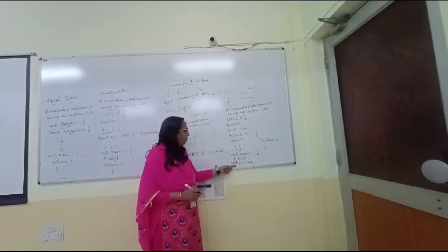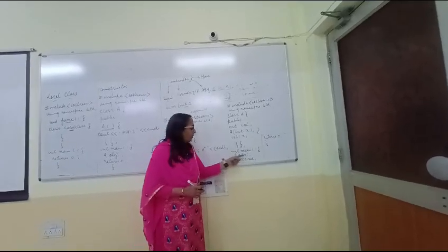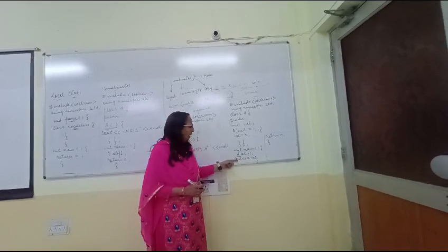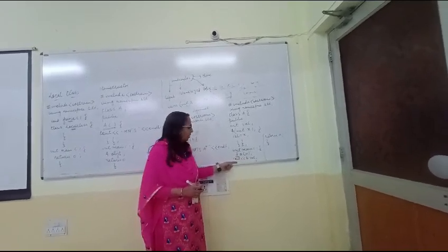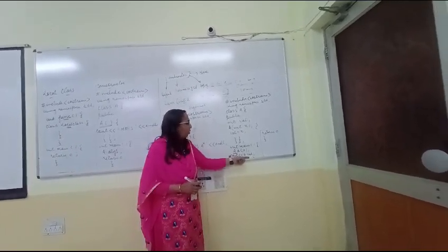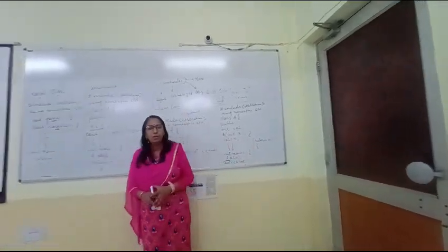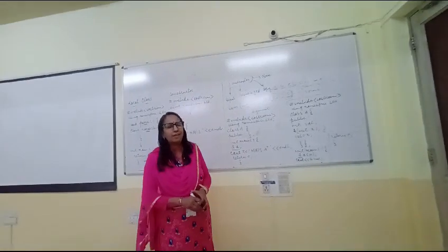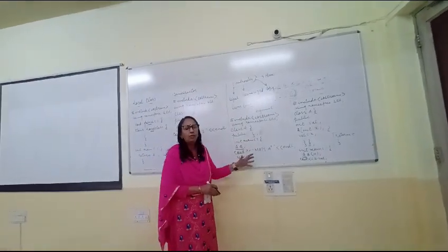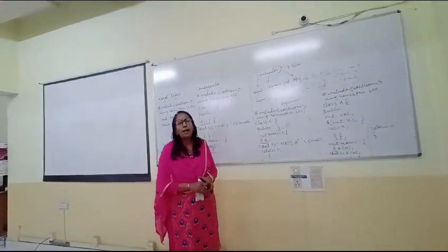Now I am accessing this particular value with the help of the object and printing it. So I am using cout, small a dot val, return 0, and ending the program. So this constructor is the example of the parameterized constructor where I am using an argument and passing a value.